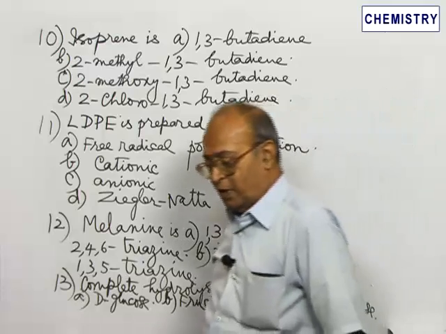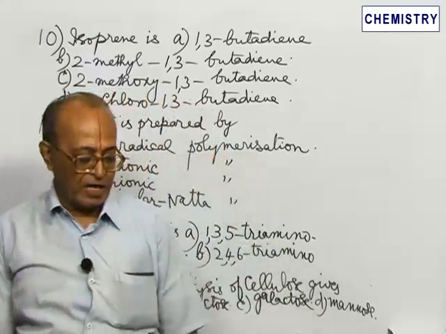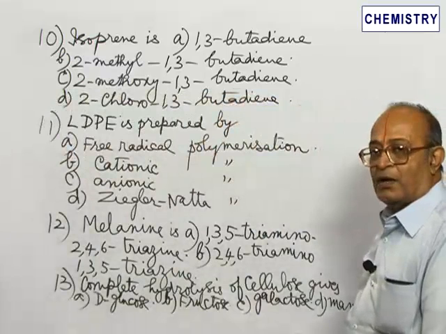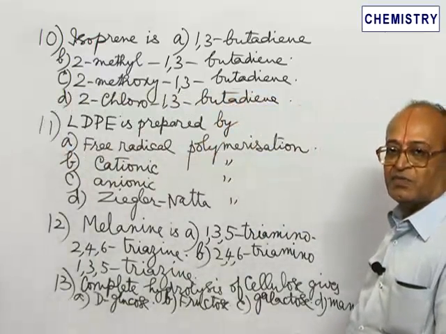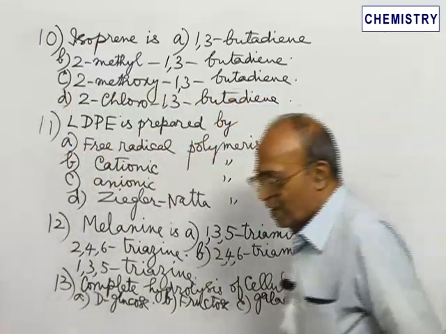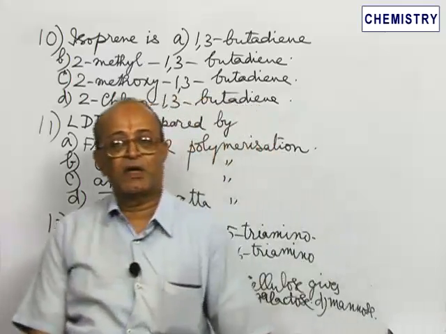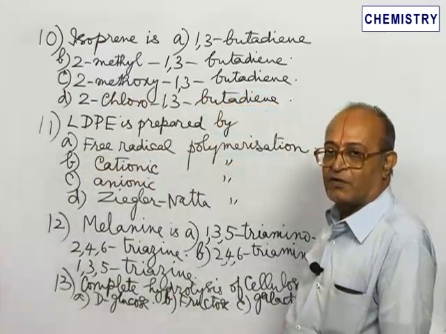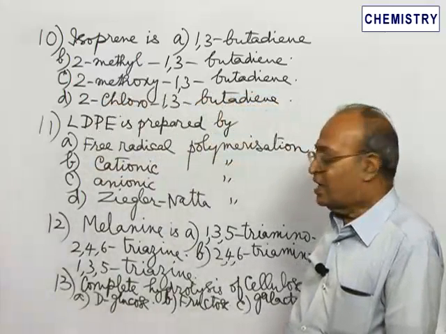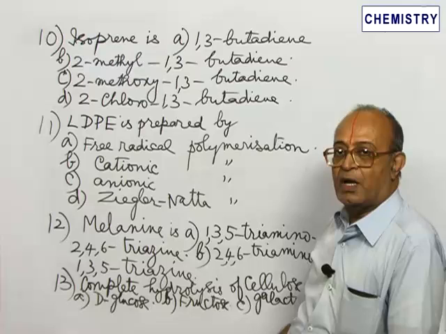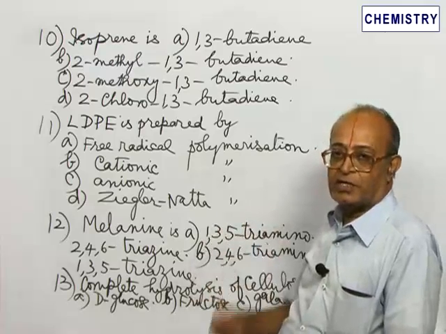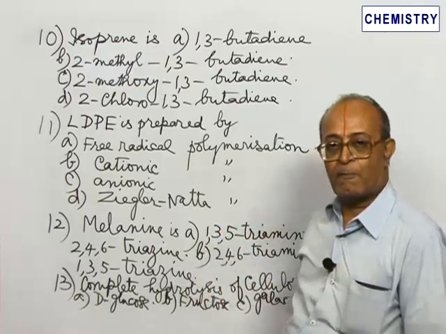Now, the polymerization reactions can take place in various forms. There are polymerization reactions in which free radicals are involved. Free radicals are produced, and these free radicals may initiate the reaction process.